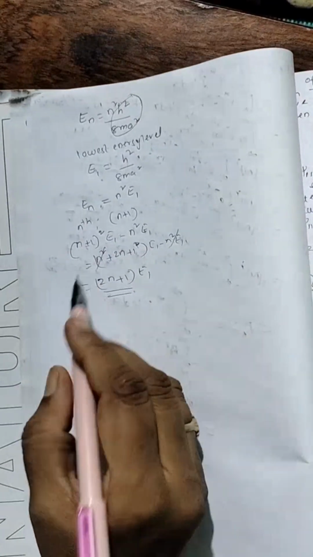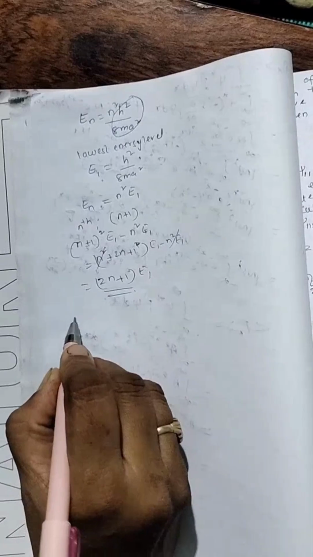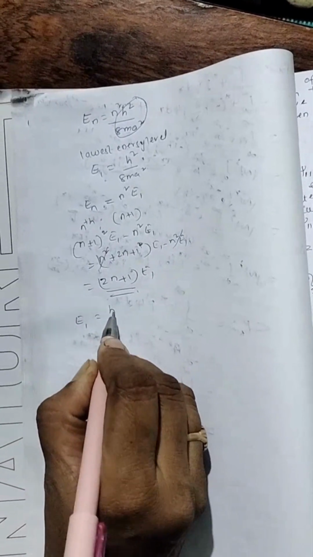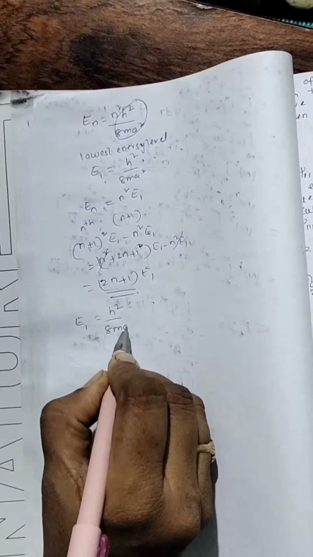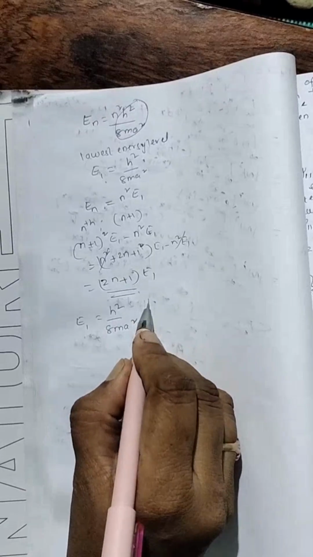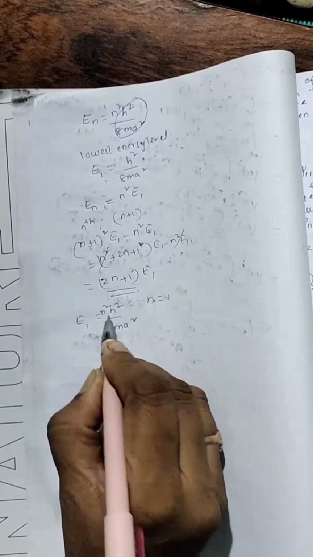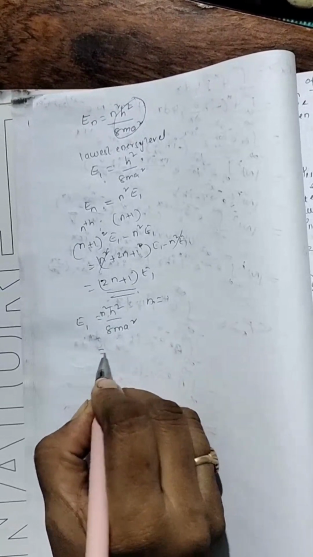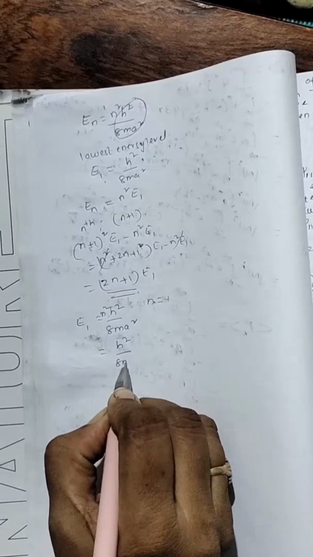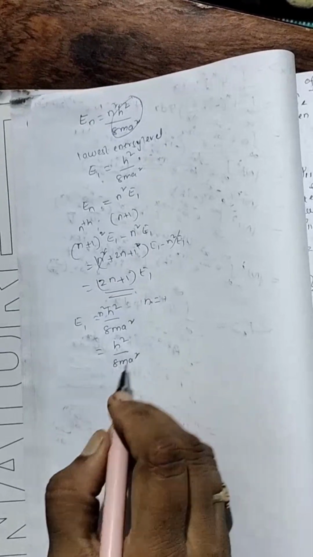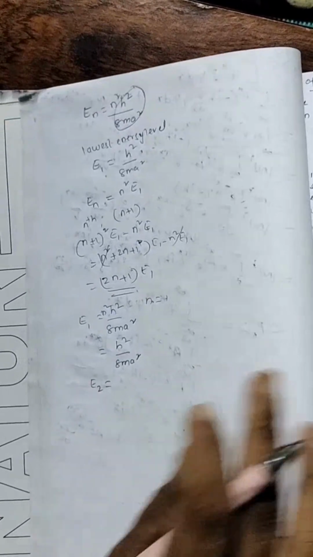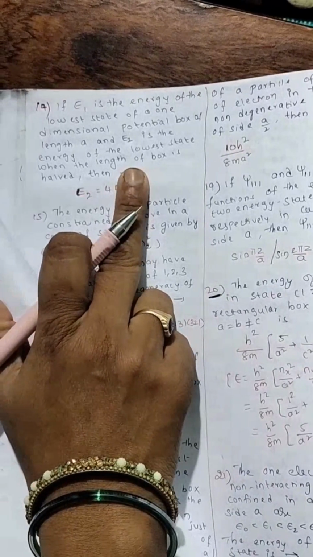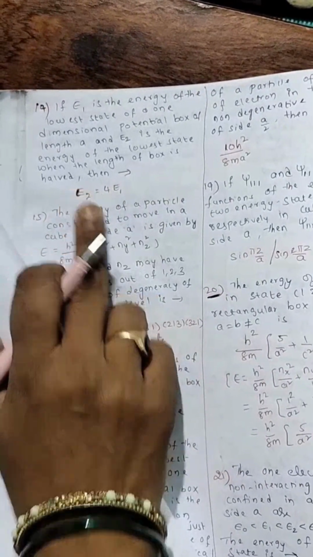Now let us do it. First, E1 is h square by 8ma square. The energy is actually n square h square by 8ma square, so h square by 8ma square. Next, what did he say? The length of the box is halved.